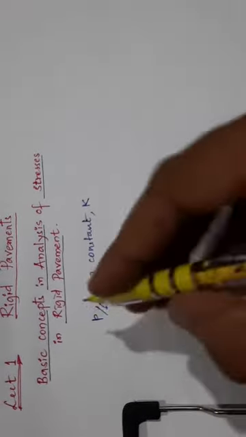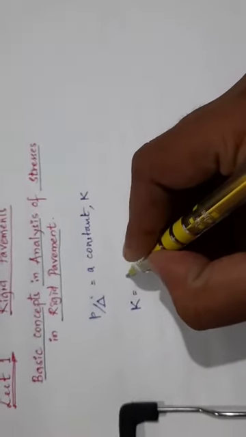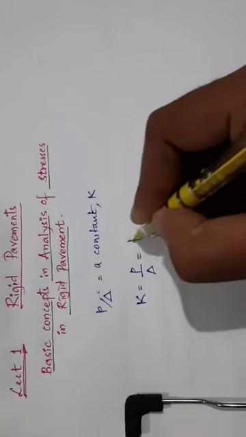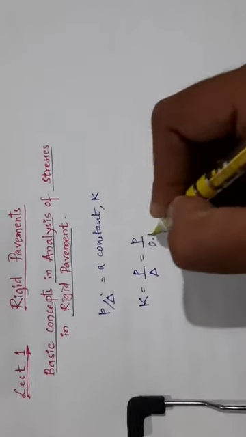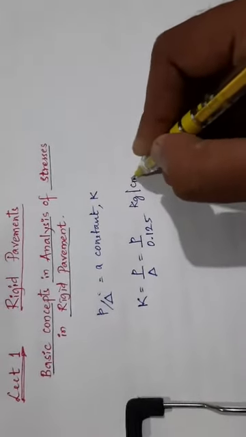We know the modulus of subgrade reaction is given by the formula K is nothing but P divided by delta, that is P divided by 0.125 kg per centimeter cube.